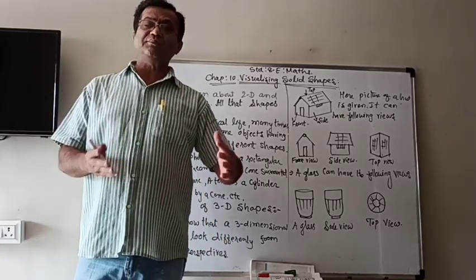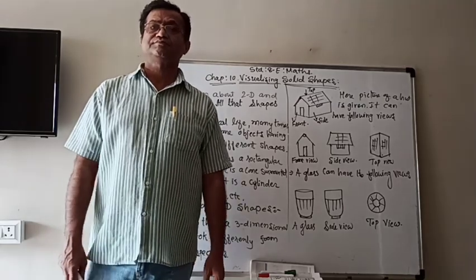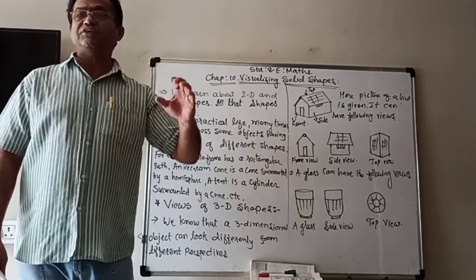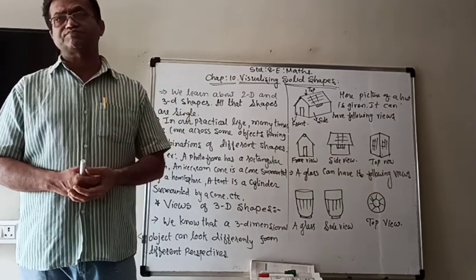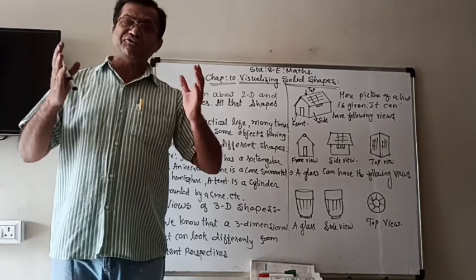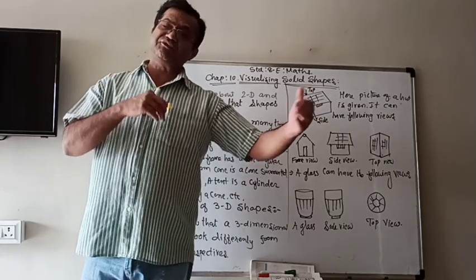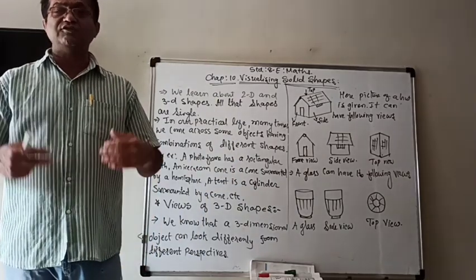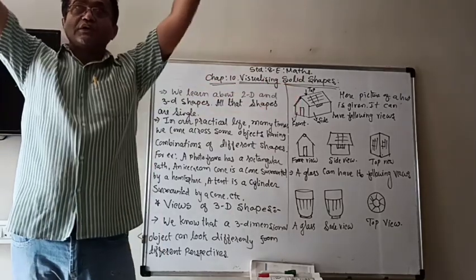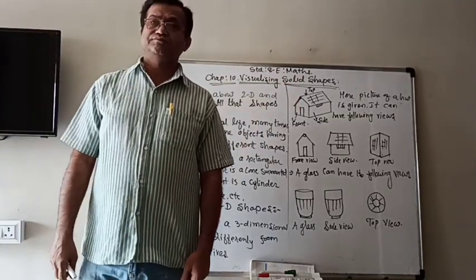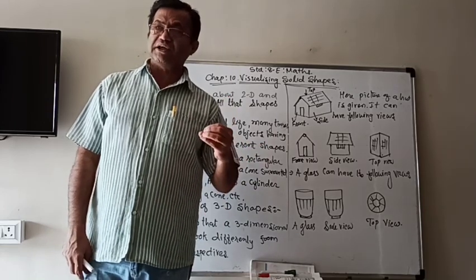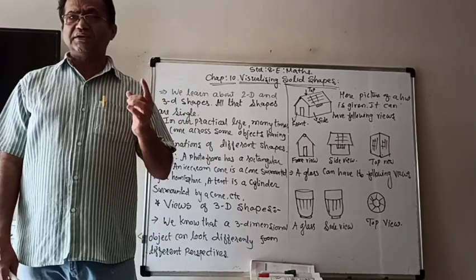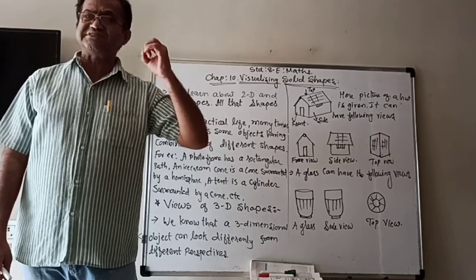If you look at them from different perspectives, then you will see that they look different from different perspectives. It means that if you see them from the front, it can be a different shape. If you look at them from the side, the view is different, and if you look at them from the top, then also you will see that they look different. From every side, not all the objects look the same.